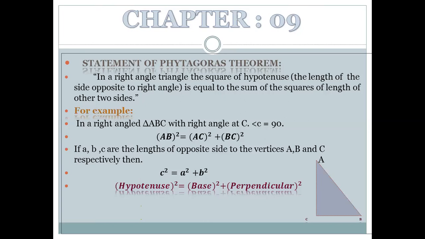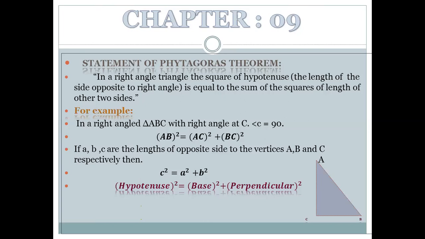And when we show the vertices of the triangle with the capital letter, then the opposite side of that capital letter will be used with the small one. Like the opposite side of vertex A will be the small a, the vertex B will be the small b, and the vertex C will be the small c.